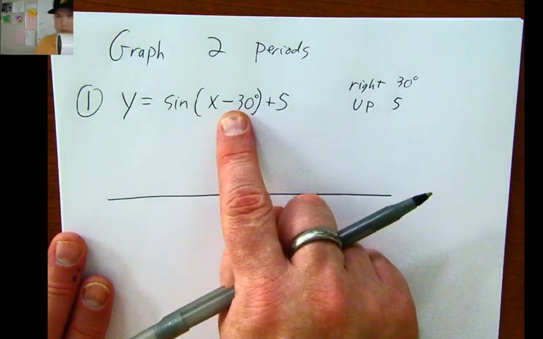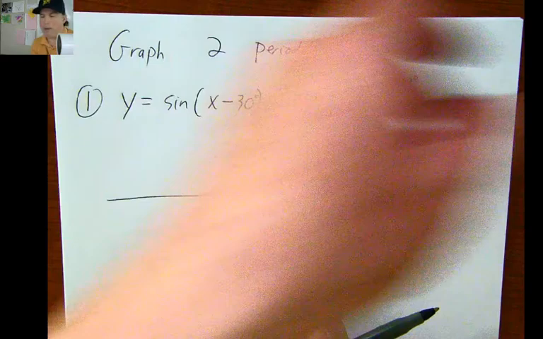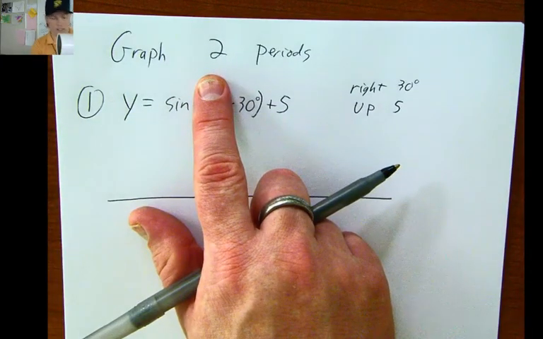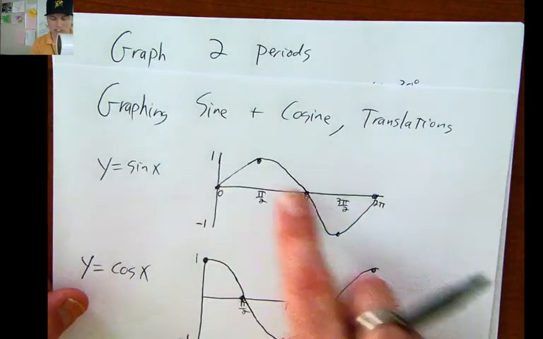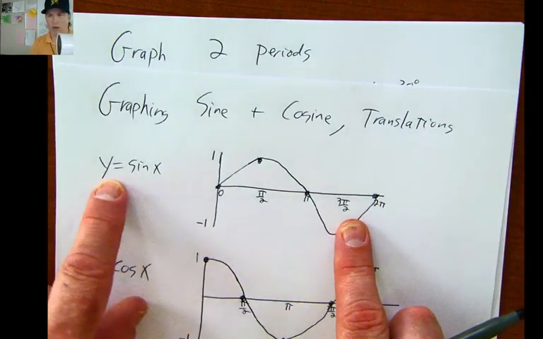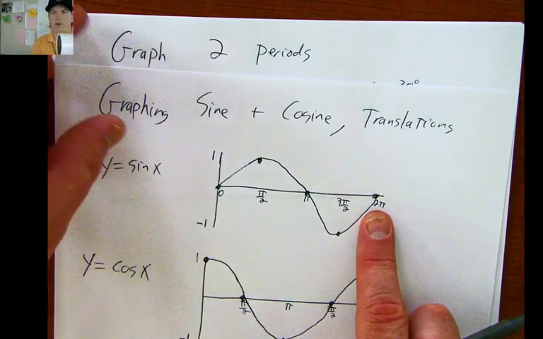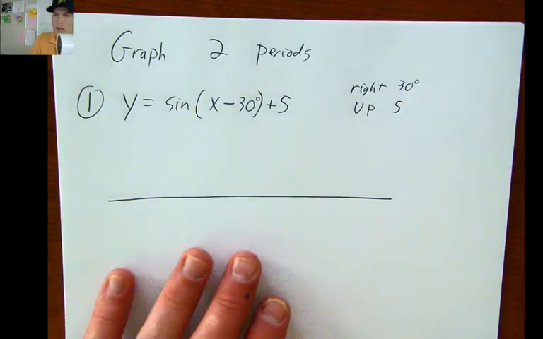Because it's going right 30, in the middle, like when I think about my parent graph, oh, by the way, I have to graph 2 periods. This is only 1 period of sine, so I'm basically going to have to do this twice. Once over here for the positive, and then once in the negative direction. If you think about the worksheet that we did, that was graphing 2 periods of sine and cosine.